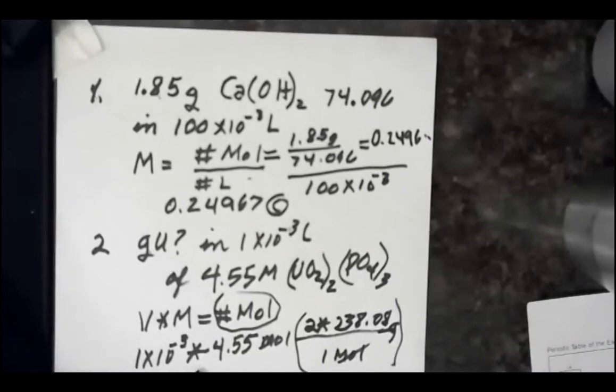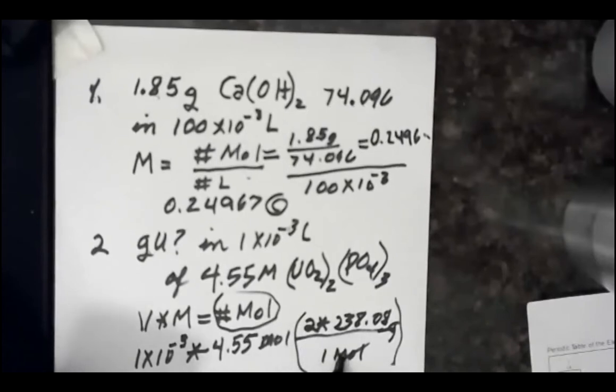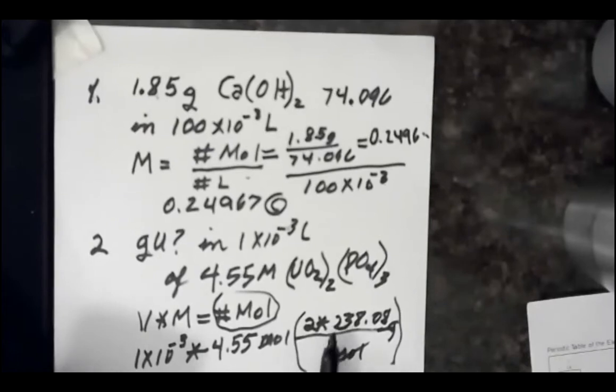I'm looking at some numbers that don't look right to me. Okay, well, let's see what we've got. 1 times 10 to the -3. The molarity of the solution is 4.55. And then that'll be the number of moles. One mole would have that much in it. So let's do the math again, but I don't see where the mistake is.